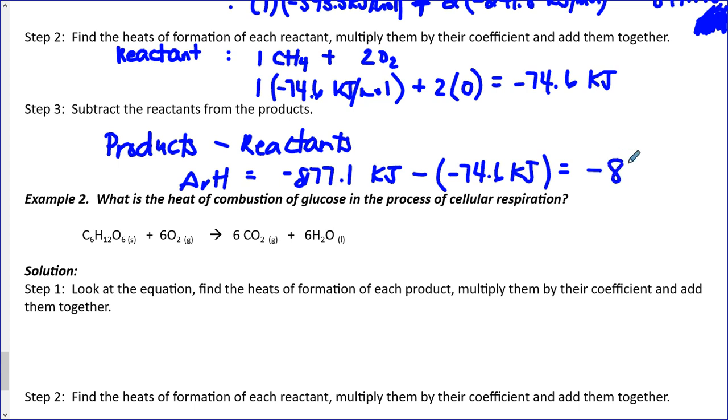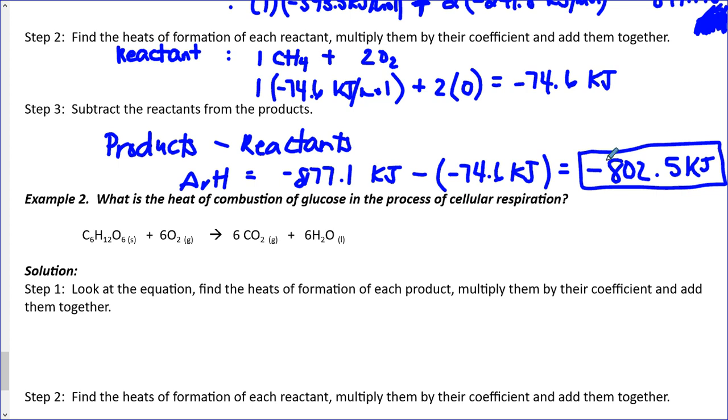I don't have a calculator. So negative 802 point, I think it must be 0.5. I had 0.3, but that's not right. So negative 802.5 kilojoules. So our heat of reaction for the combustion of methane is negative 802.5 kilojoules.